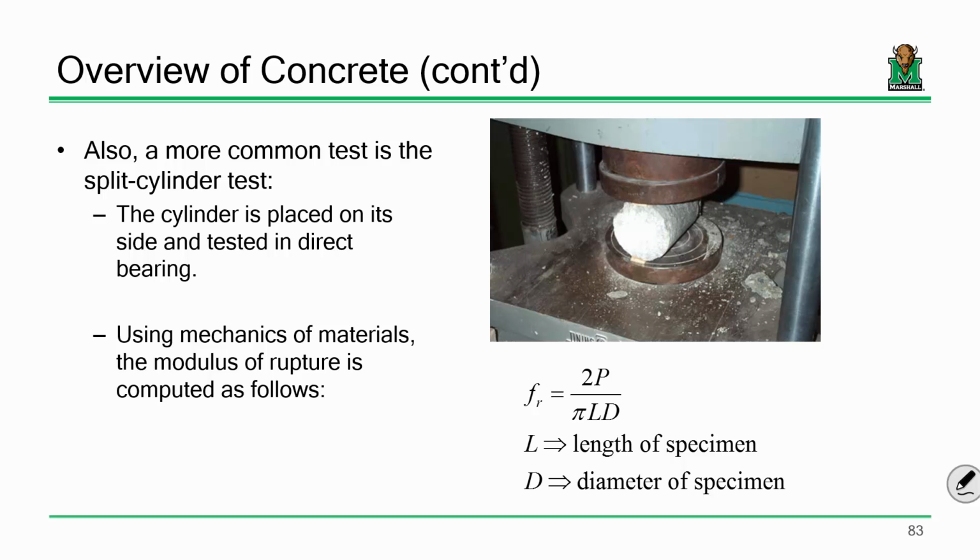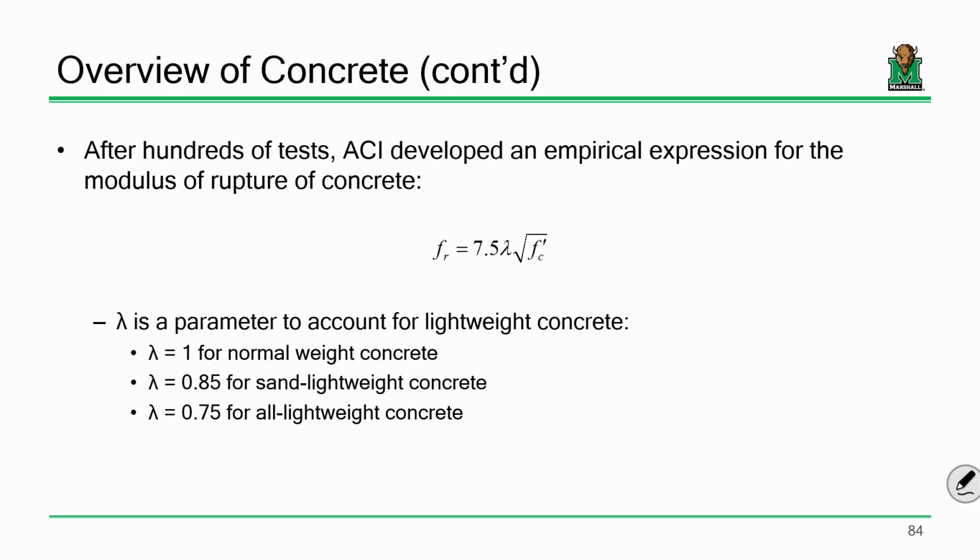Another way of determining a modulus of rupture is to actually compute it. You can compute it using the model that's in ACI, which is what we're going to use in this course. So to compute the modulus of rupture, and again, the modulus of rupture is the point at which the beam starts to crack, okay? So that modulus of rupture is calculated as 7.5 times the square root of f'c times this term lambda.